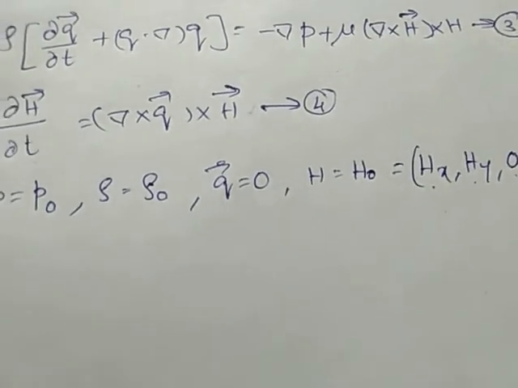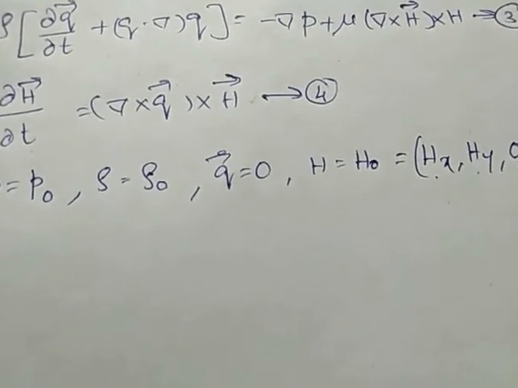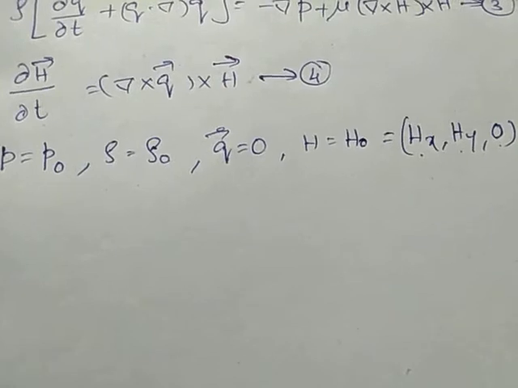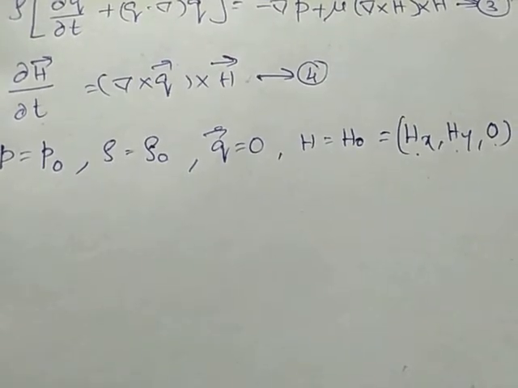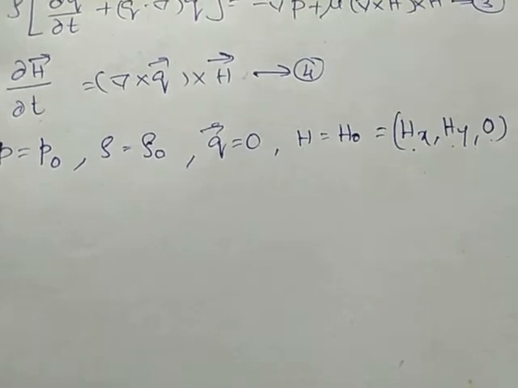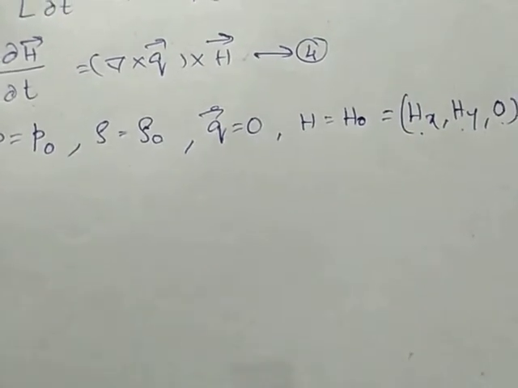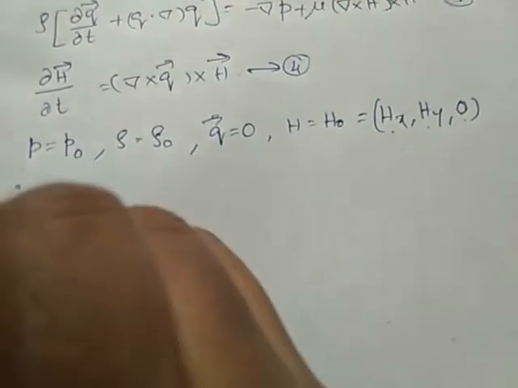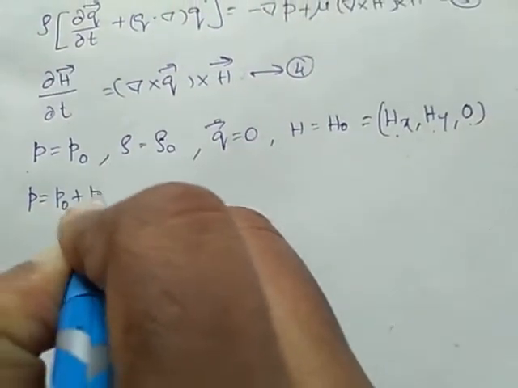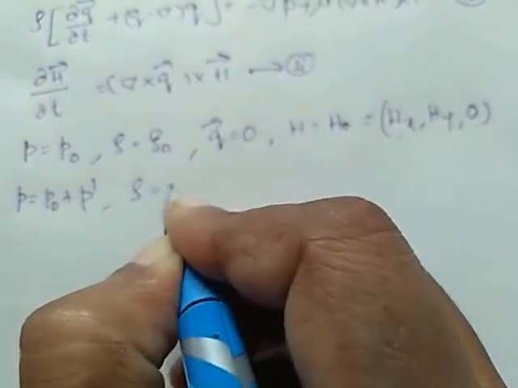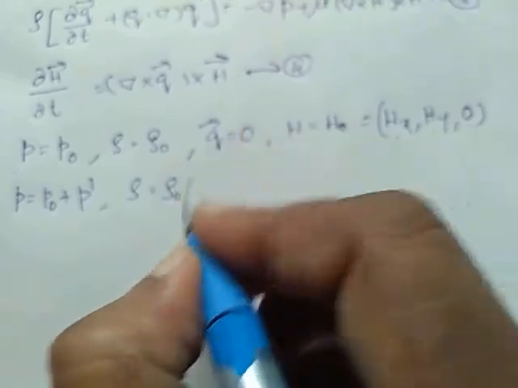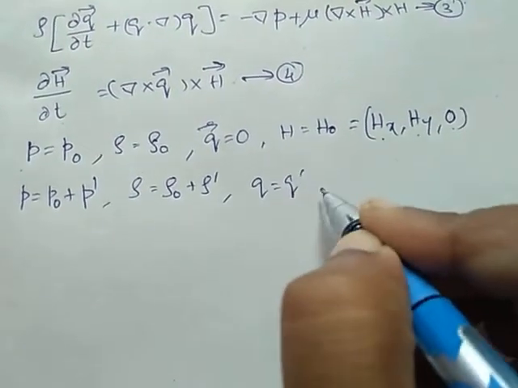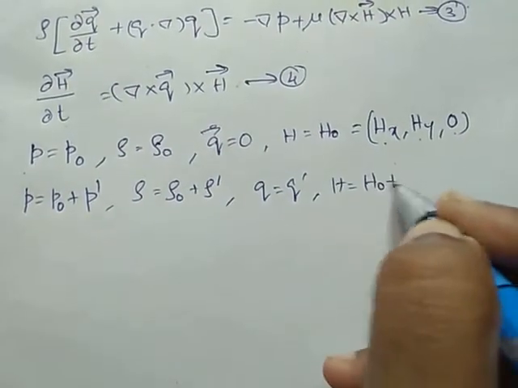Now we are going to give a small disturbance to the fluid. When we give a small disturbance to the basic state, it generates waves. So velocity, magnetic field, density and pressure change slightly. For the perturbed state, we have P equal to P naught plus P dash. Density also changes because we are considering a compressible fluid, so rho is equal to rho naught plus rho dash. q is equal to q dash, and H is equal to H naught plus H dash.